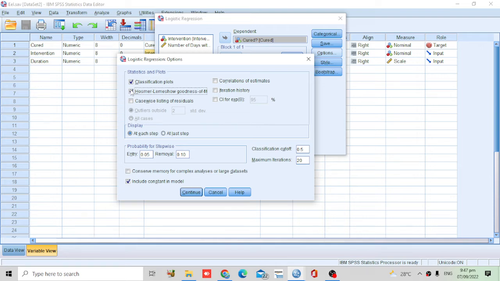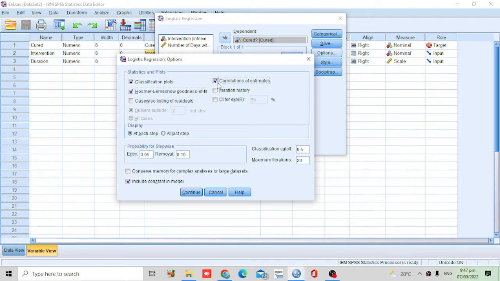Of course, we want to see yung Hosmer-Lemeshow goodness of fit to see whether the fitted model is fitting the observed data.